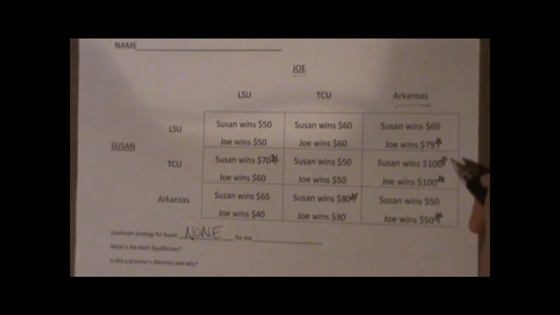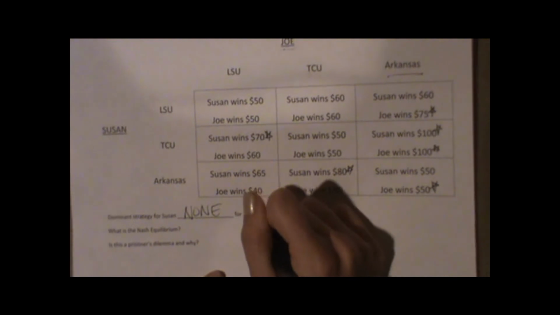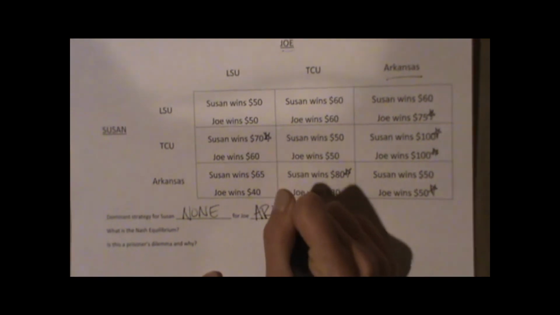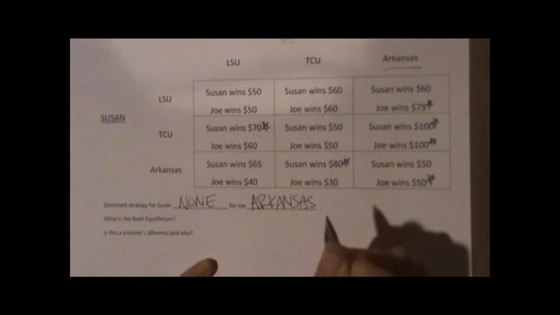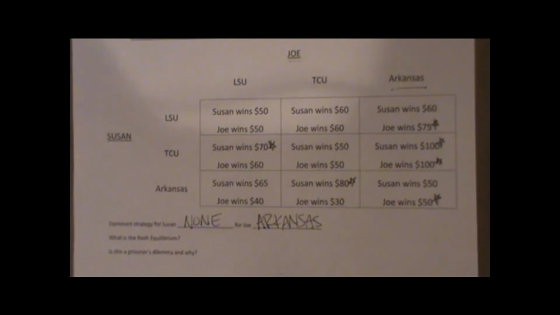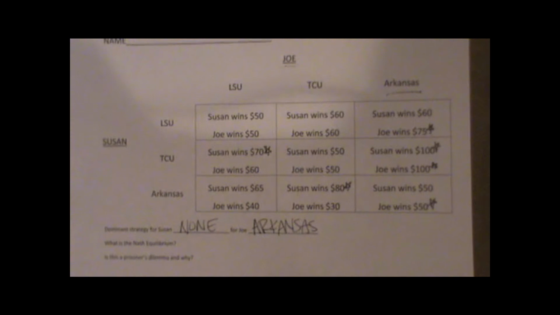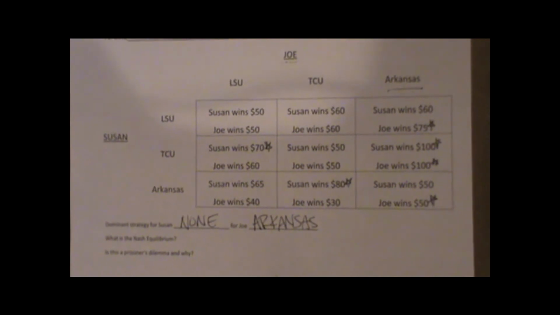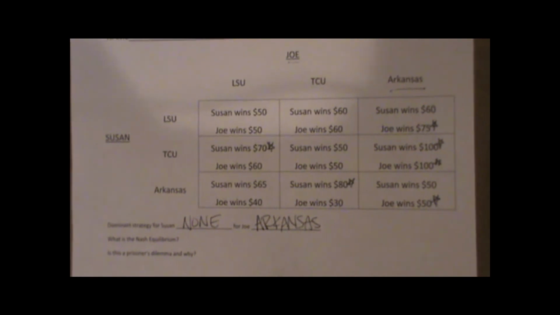All right, so you can see no matter what Susan does, Joe should pick Arkansas. That means that Joe has a dominant strategy of choosing Arkansas. No matter what Susan does, the best thing he can do is pick Arkansas. That's how he's going to get the most money.